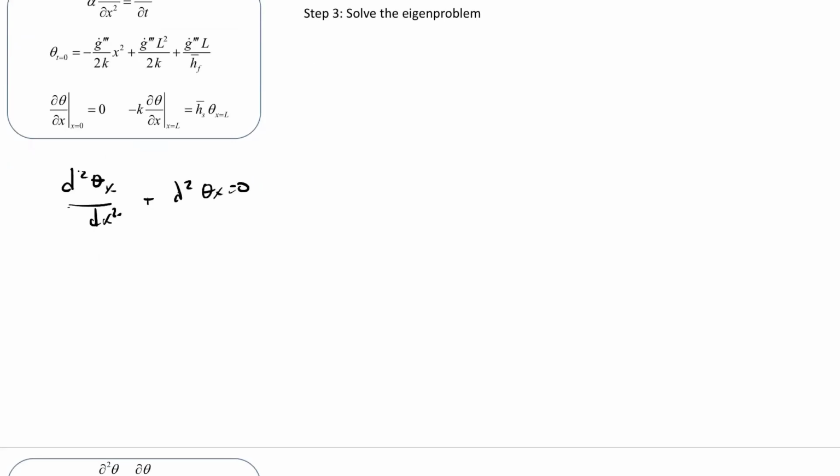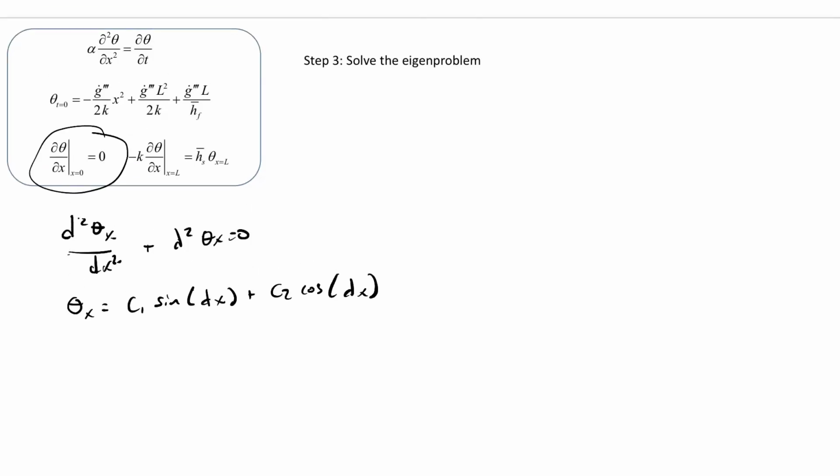The solution for Θx, you could go to Maple, or by this time you could probably recognize that Θx is going to be C1 times sine of λx plus C2 times cosine of λx.